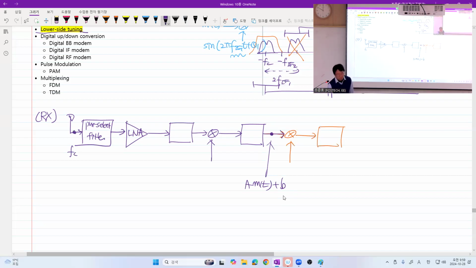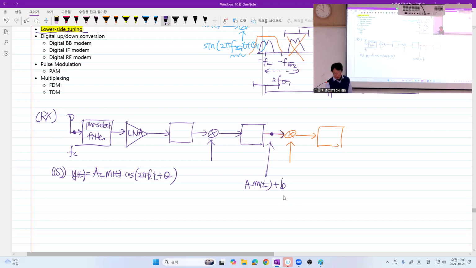For simplicity, let's assume that the received signal is something like this, M. And for further simplicity, we may set theta equals 0, but in reality it's not.